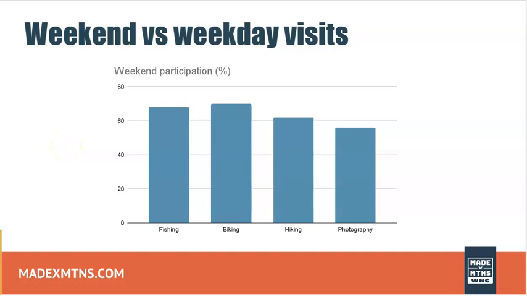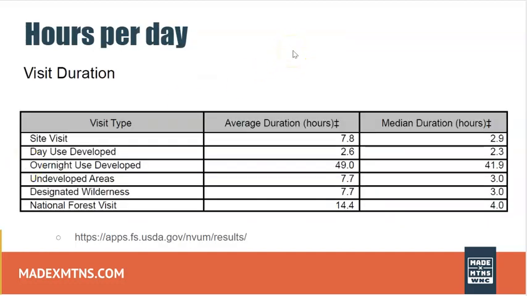Okay, in terms of hours per day, here's data from the National Forest Service. We've got site visits, day use developed sites, overnight use developed sites. And in hours on the right here, a site visit is about 8 hours. 2.6 of that is spent in a day use developed site.